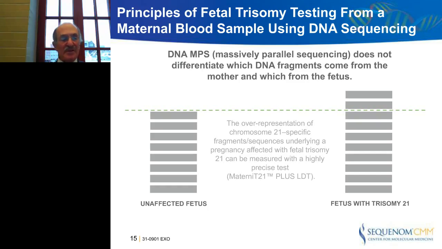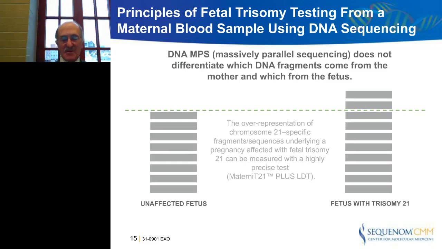It's a small effect because if the fetal DNA is only 10% of the whole, and we're going from 2 copies of chromosome 21 to 3, then it's a 5% effect. So to be able to measure that very confidently in the presence of stochastic noise takes this rather elaborate procedure. But let me show you what that looks like.